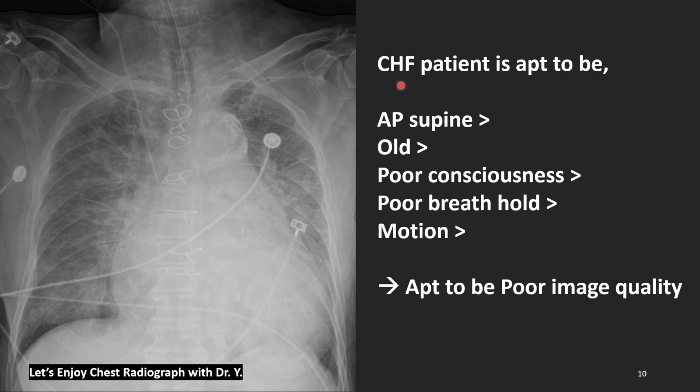Yes, a congestive heart failure patient is apt to have an AP supine film rather than a frontal erect film, and is an old person rather than a young person, with poor consciousness, with poor breath hold for filming, and more apt to move with motion artifact. So the film is apt to be of poor image quality, like this.